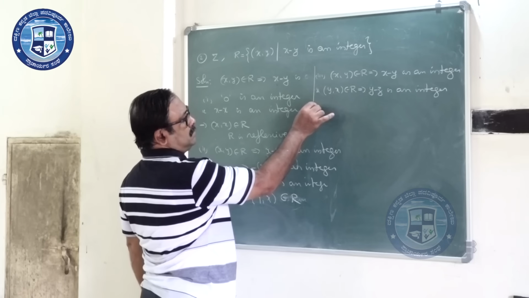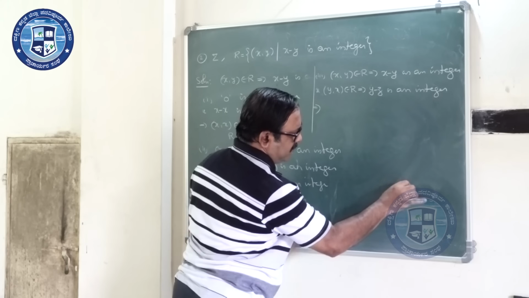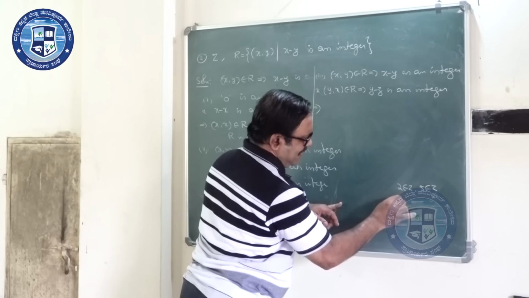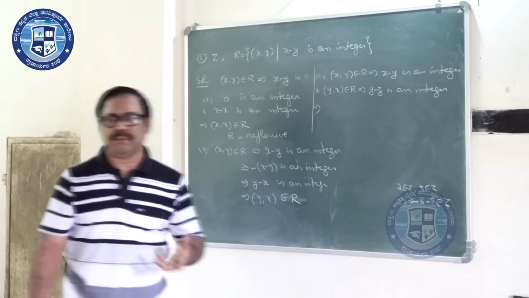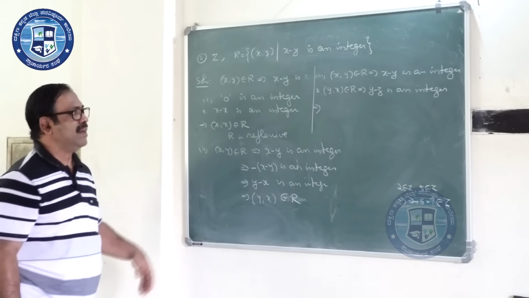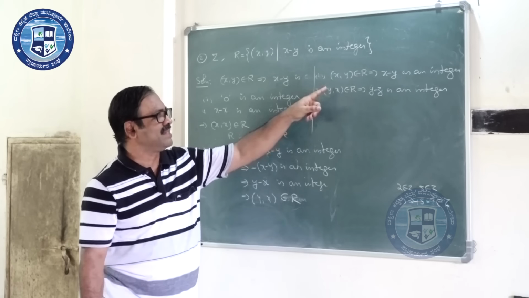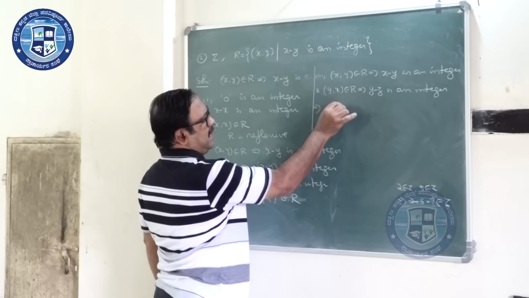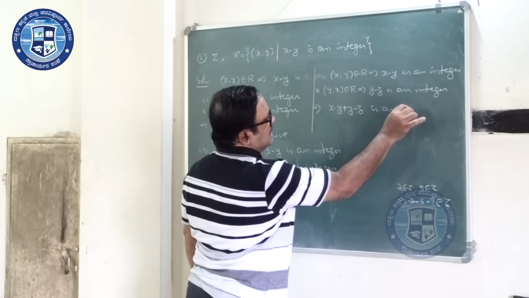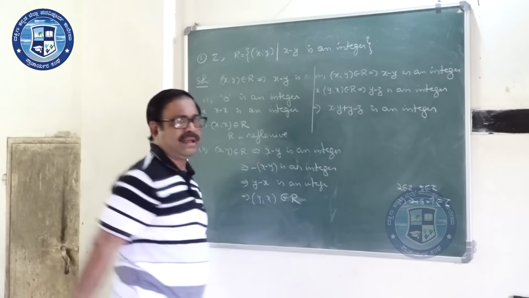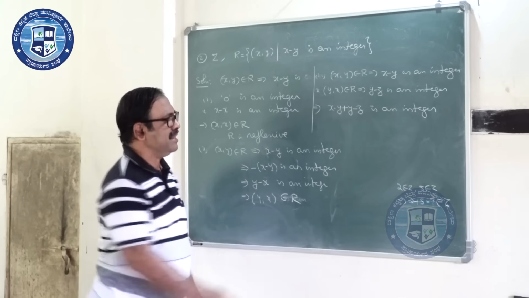Now remember the point. 2 is an integer, 5 is an integer. Can I say 2 plus 5 equal to 7 is an integer? Sum of 2 integers is an integer. Hence you can write x minus y plus y minus z is an integer.